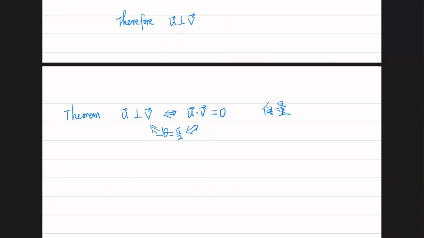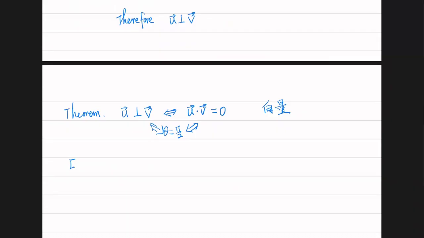Now let's check another pair of vectors. Let's find cosine theta.